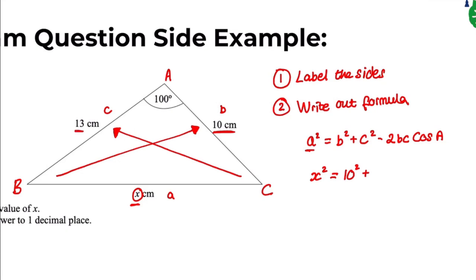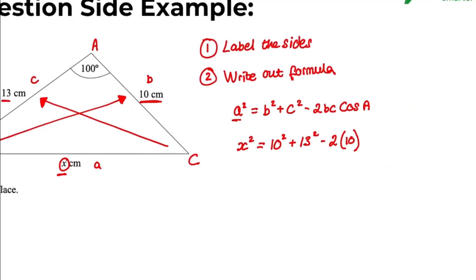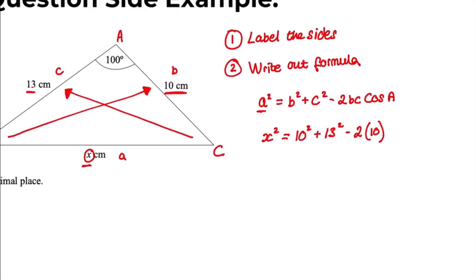C is 13, so plus 13 squared minus 2b, and b is 10, so 2 times 10, times c, which is 13. Then we've got cos and capital A, which is 100. So cos 100.